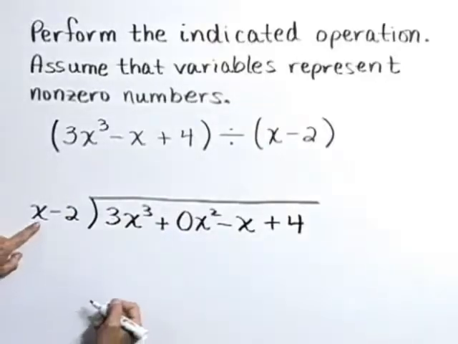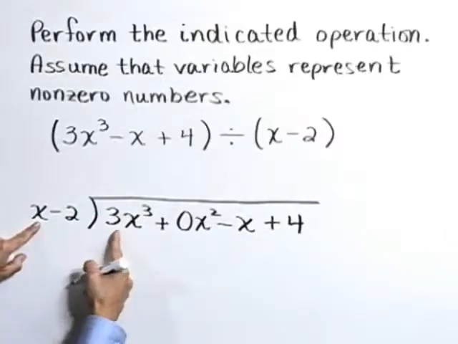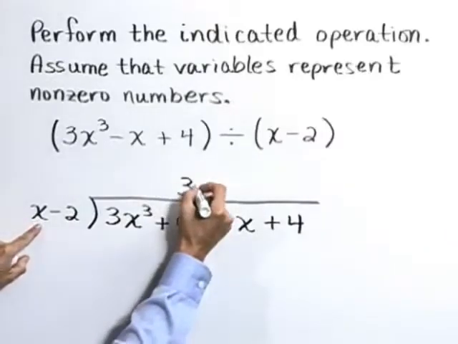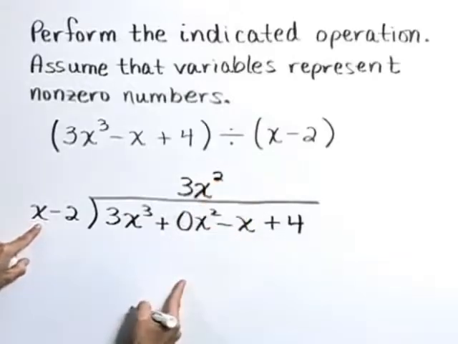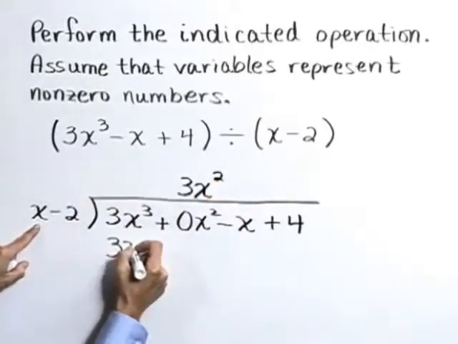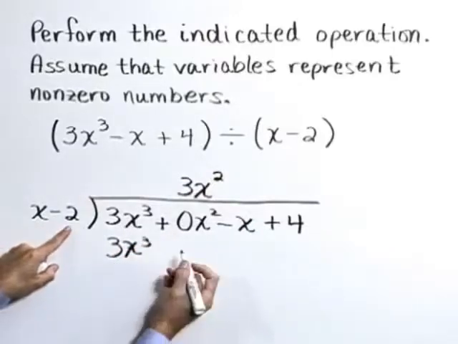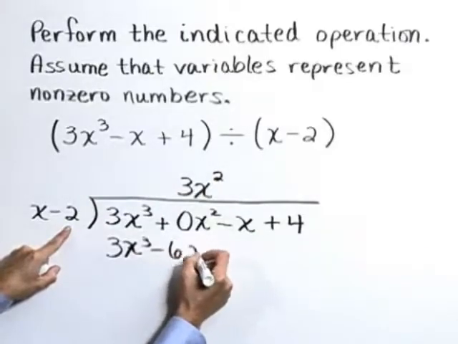This starts with x goes into 3x to the third how many times? Well, it goes in there 3x squared times. Multiplying back, 3x squared times x is 3x to the third. 3x squared times negative 2 is negative 6x squared.